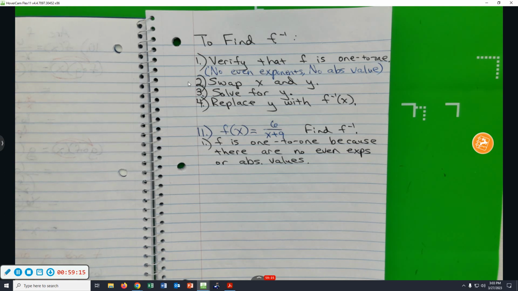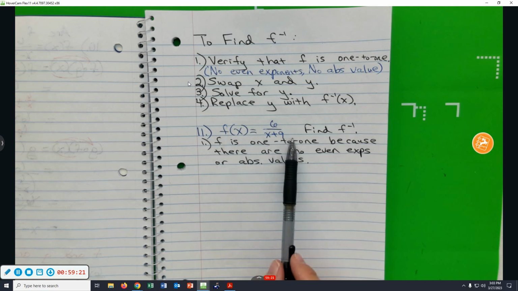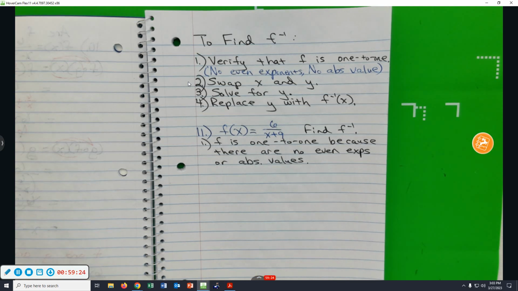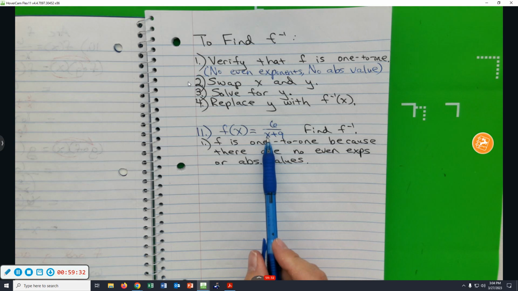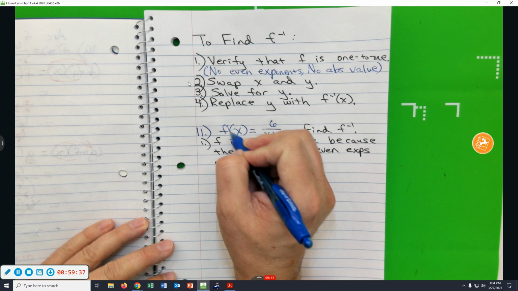Okay. Number 2, they want us to swap x and y. Wait a minute, I don't even see a y in this original problem. What's taking the place of y? There's some algebraic expression taking the place of y. That's the x value, f of x. This is just a fancy way of saying y.